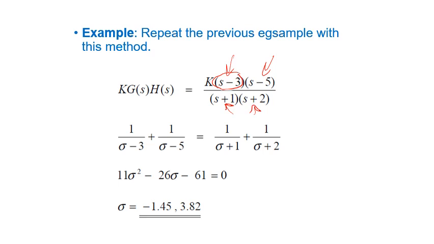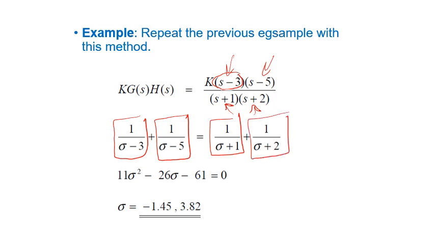What he meant in the previous slide is to make it such that 1 over S minus 3 plus 1 over S minus 5 is equal to 1 over S plus 1 plus 1 over S plus 2. I say S or sigma because it's just the value of S, but because it's break-in and breakaway, we give it a special name, which is sigma. When you solve and rearrange this equation, finally you will come out with this equation.